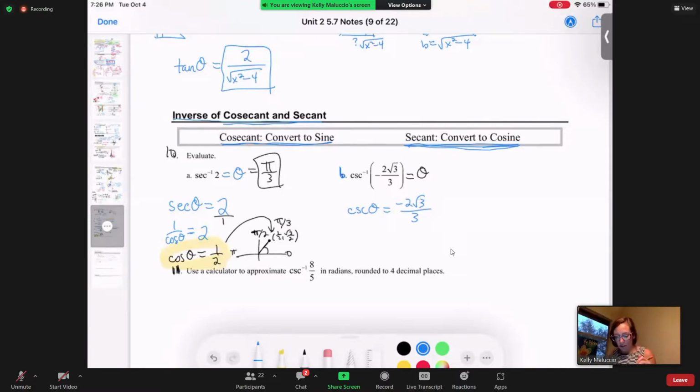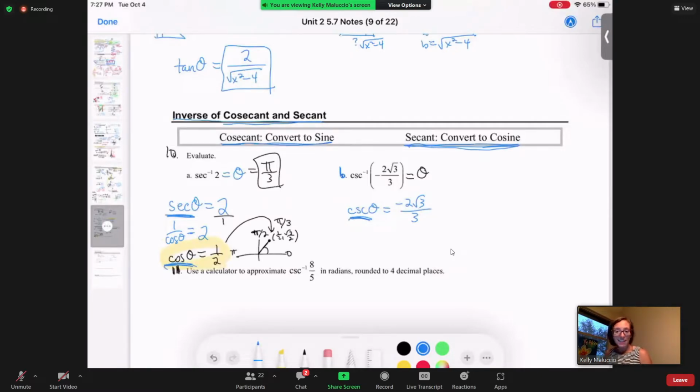Oh, no. So secant and cosine will be the same restrictions, and sine and cosecant will be the same restrictions, if that makes sense. Like, we didn't have to worry about the restrictions of secant because we just focus on cosine. And here we're not going to have to worry about the restrictions of cosecant because we'll just focus on sine.